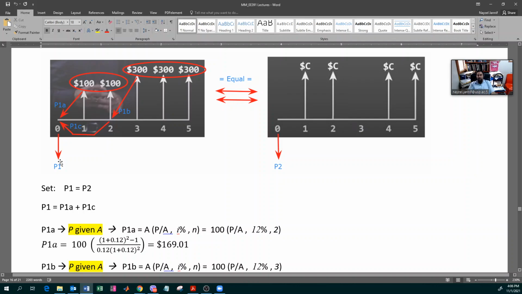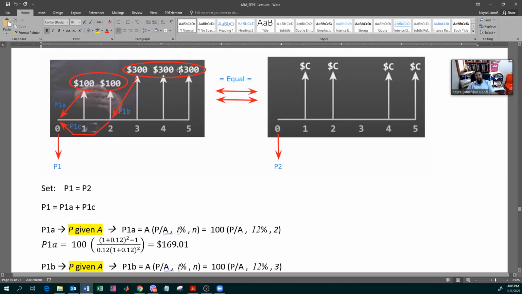These two 100s we can roll back, we can discount the two annuities, and we find the accumulated value of that present value immediately before the first interval. What about these 300s?